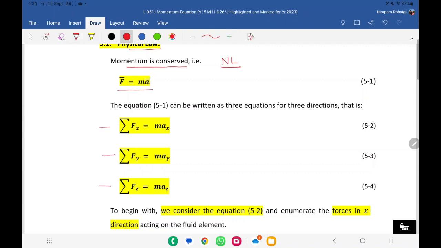For x direction, sigma Fx is equal to max. For y direction, sigma Fy is equal to may, and for z direction, sigma Fz is equal to maz. We will be using only one of them. Okay. Now, we will be working on this equation.